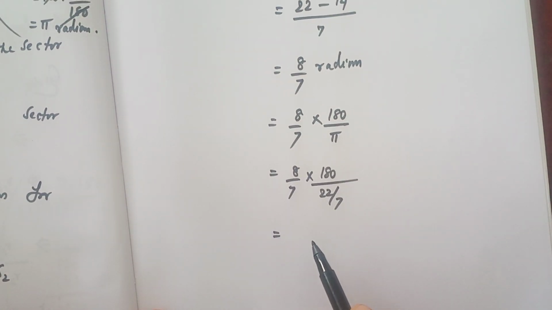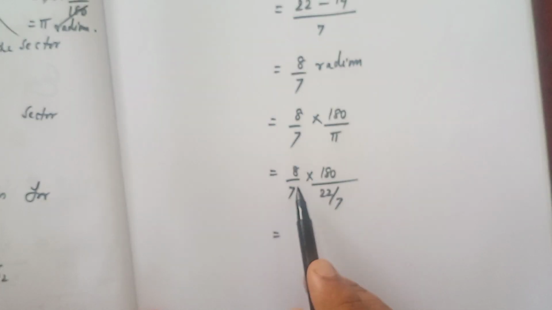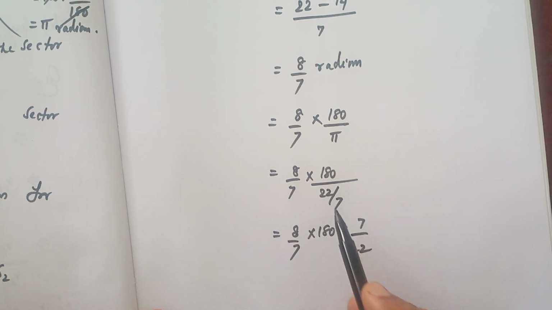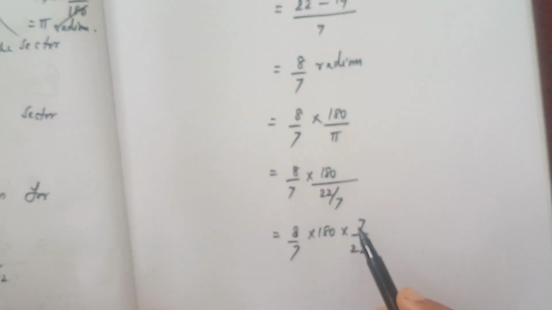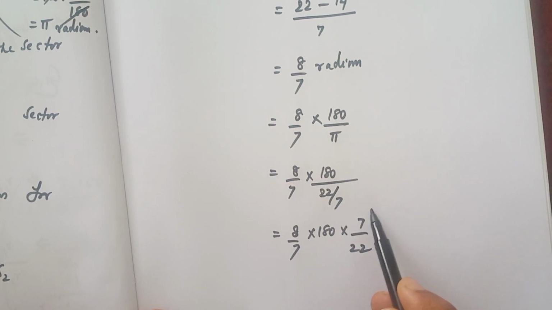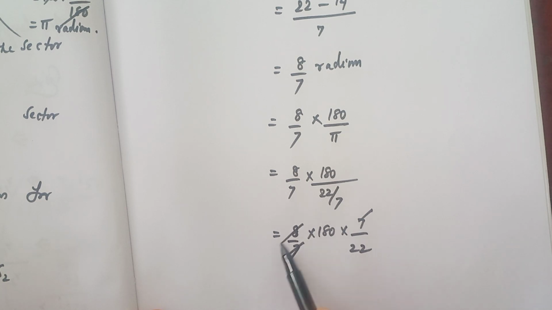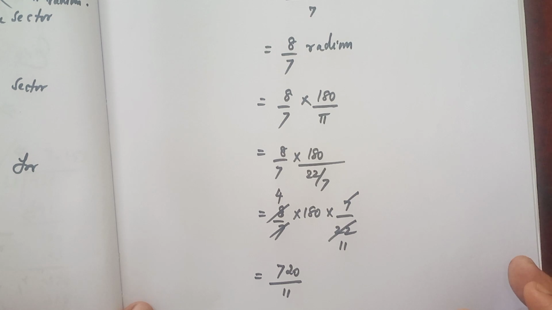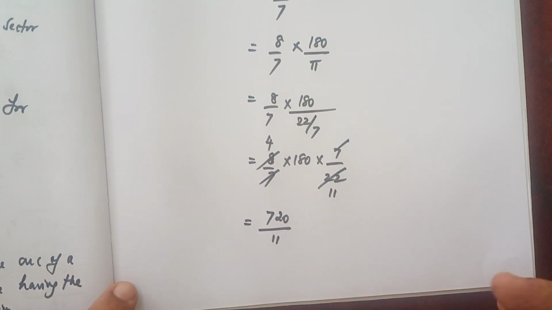Division becomes multiplication, so the reciprocal of 22 by 7 is 7 by 22. The 7 gets cancelled, and 2 elevens are 22, so we get 4 into 180, that is 720 divided by 11.